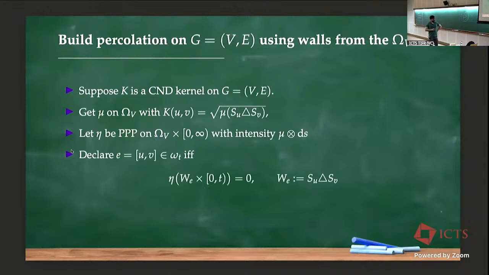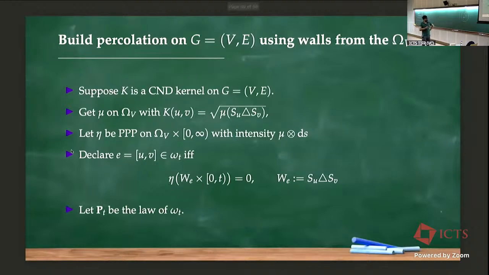So I have this space omega, and I see Poisson points there, and I'm wondering whether I can build a percolation on my graph. I declare an edge open if and only if I see no Poisson walls separating the two endpoints. I need to prove that this actually makes sense.